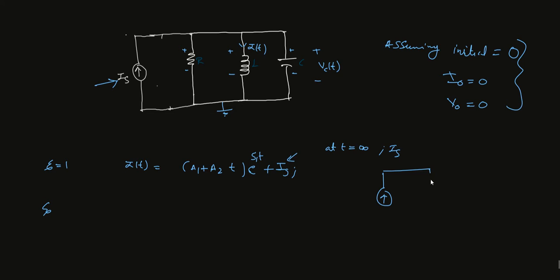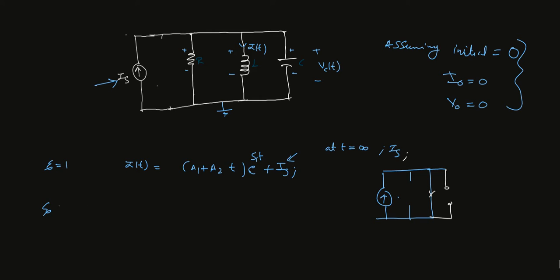The inductor is a short circuit, and although there is a resistance here, there is a short circuit across the resistance, so no current flows to the resistor. The capacitor acts like an open circuit, which we all know. So at t equal to infinity, the current through the inductor will be Is only, so that's why I substitute it here.